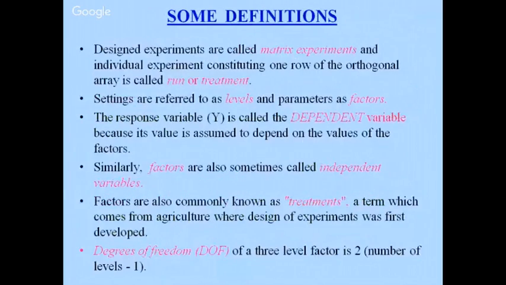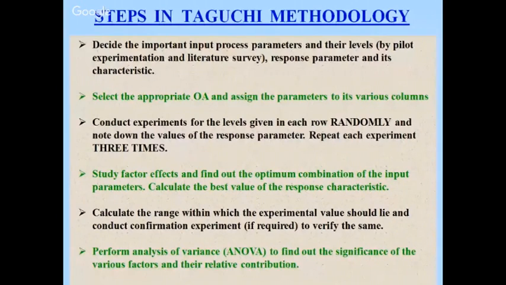I again come back to the first step: decide the important input process parameters and their levels. What do we mean by levels? Again, I come to the same example. Suppose the machine on which I am conducting my experiment can give me a voltage range of 30 to 120 volts.